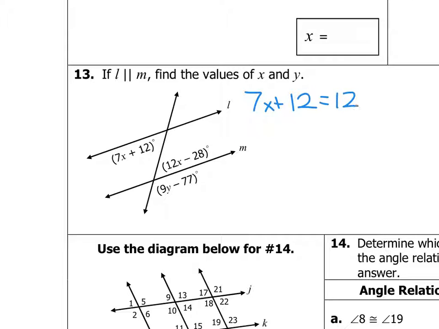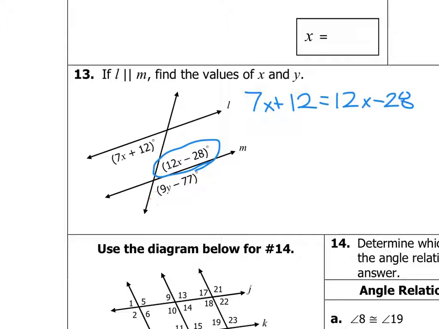And you're going to solve for x. Once you have solved for x, I want you to plug it in right here. Whoops, I'm sorry, not there. Don't plug it in there. Right here into this expression, the 12x minus 28. Plug it in there, okay, and get this number, how many degrees this angle will be.